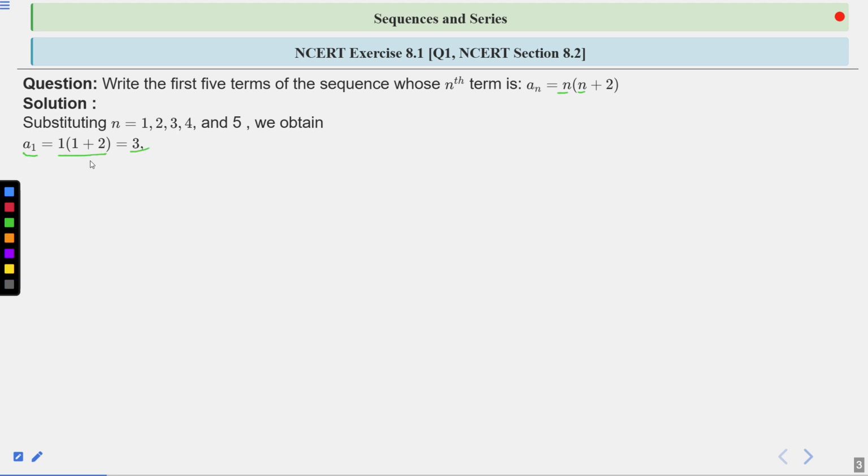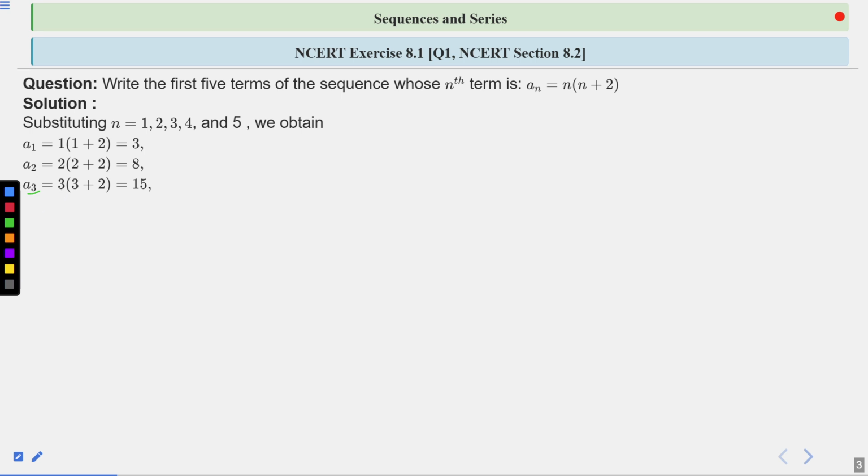So the first term of your sequence is 3. Now the second term: 2 times (2 plus 2), which gives me 2 times 4. So the second term is 8.